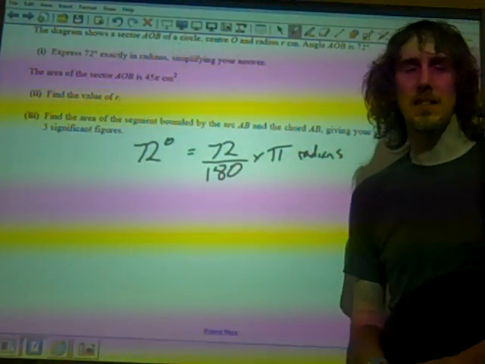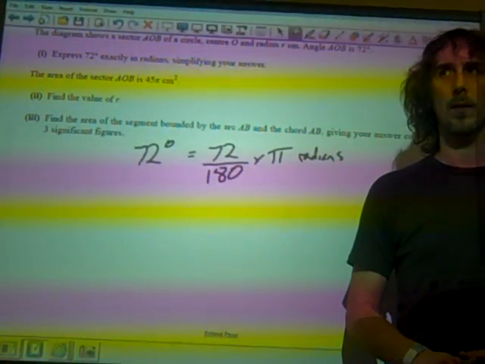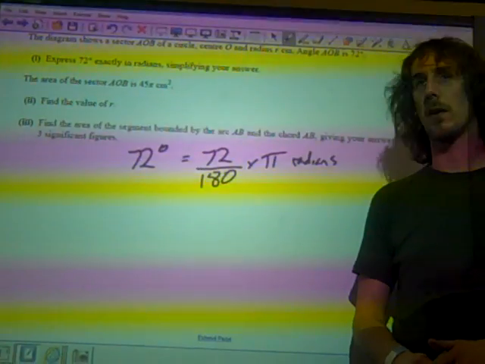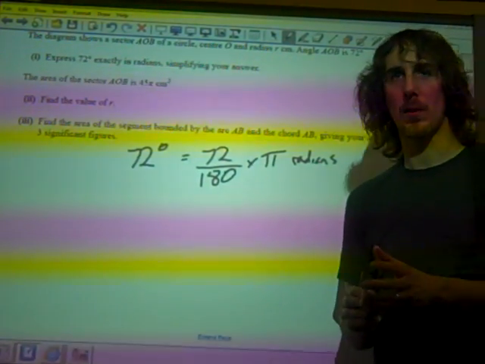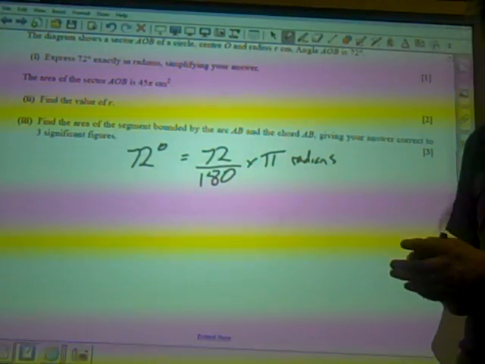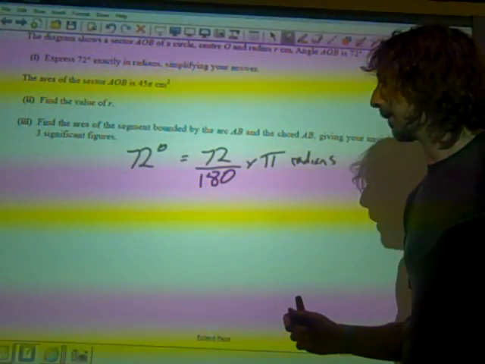And 72 over 180, well, most of you have got nice calculators that if you type 72 over 180, it will just use the fractions thing and it will simplify that really nicely.